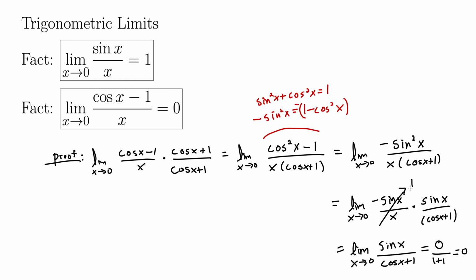So we did all this, we got 1 here, and then this last bit evaluated out to 0, which completes our proof. Proof box there. So if we assume that this first one is true, we can fairly quickly get the second one. So set those to memory because they'll be super useful throughout the rest of Calc 1 and even into Calc 2 and 3.